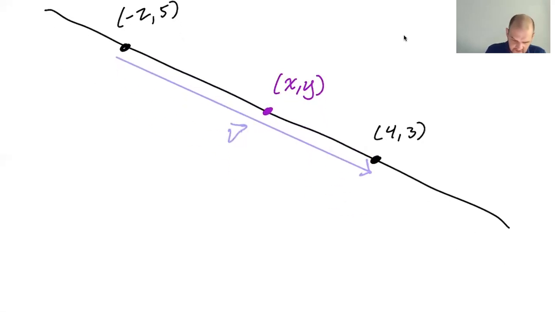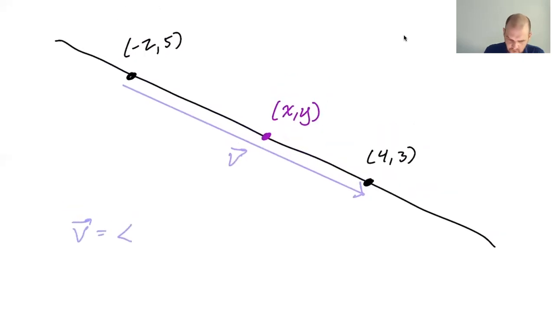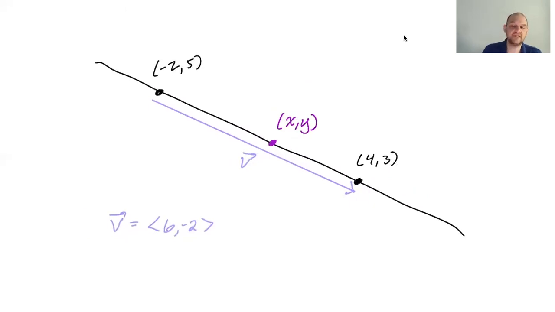Now v is going to be the vector 4 minus -2 is 6, and then 3 minus 5 is -2. So I can use any scalar multiple of that, though. I could use 3, -1, which is actually what I prefer to use, because if there's a common factor, I like to get rid of it, because it just scales your vector down. All your calculations are a little easier. But whatever, I'll leave it the way it is now.